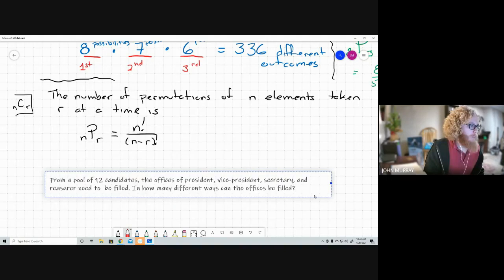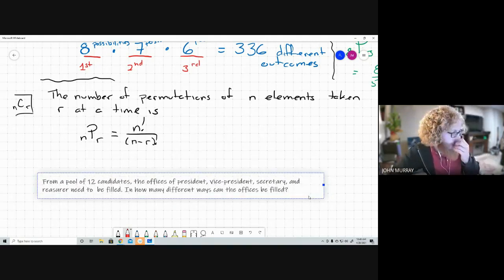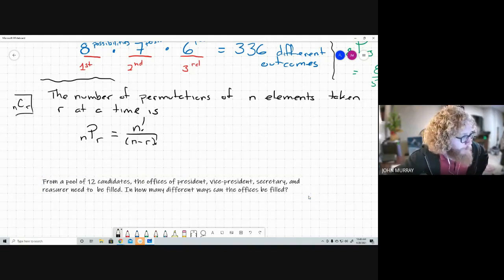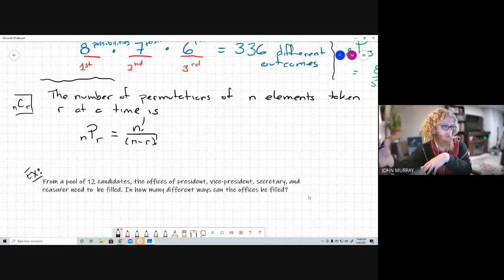So the one thing I do want to say is that the fact that order matters isn't always straightforward. In a sense, sometimes order matters, meaning that if one position is filled, then it can't be used for other positions.